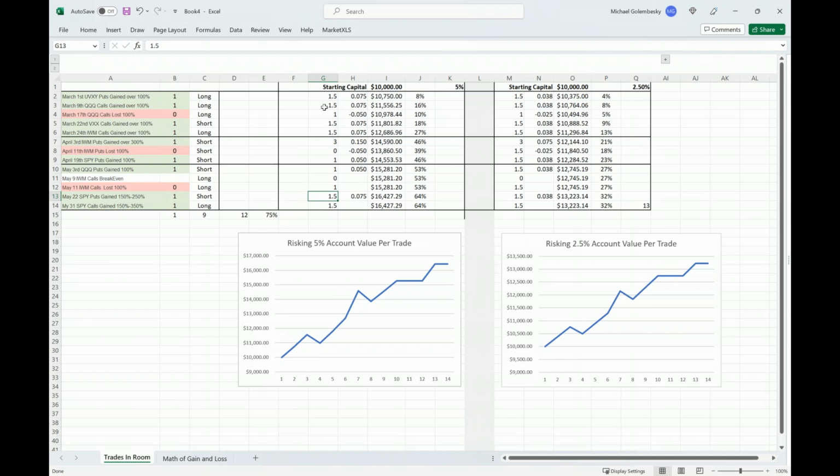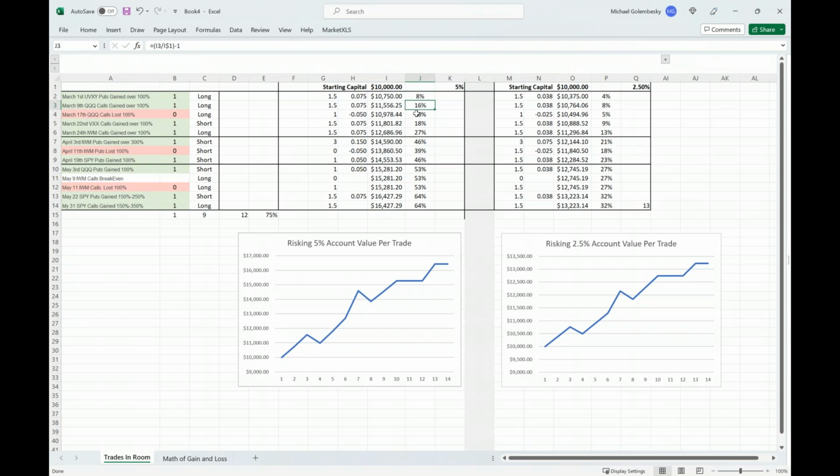So again, I'm trying to be conservative on these exits, just using real world trades at 5%, just risking 5% per trade, starting at $10,000. A hypothetical account would be over 16,500 right now, using 5% of account value.